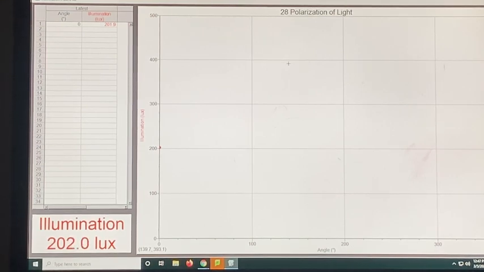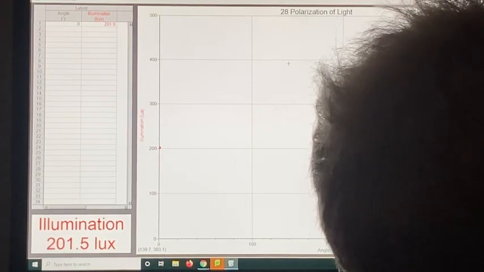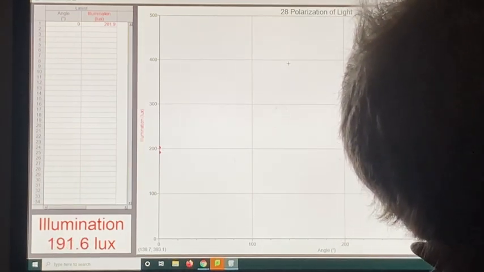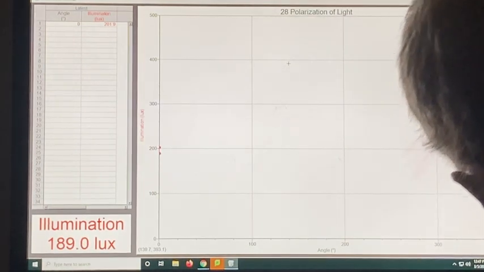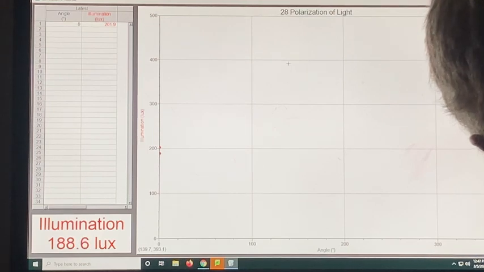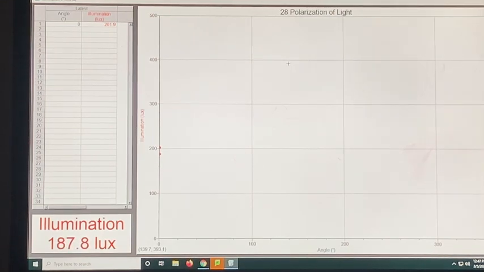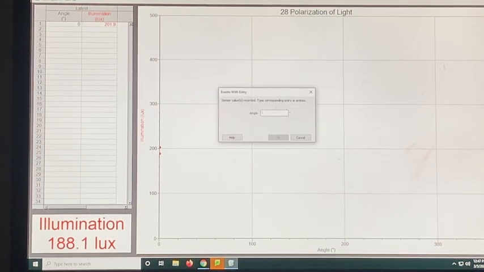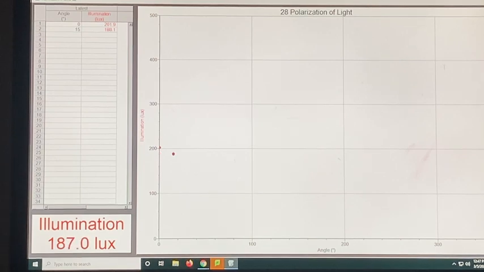I'm now going to go to 15 degrees angle. And do that. Okay. 15. Then I'm going to go to 30.